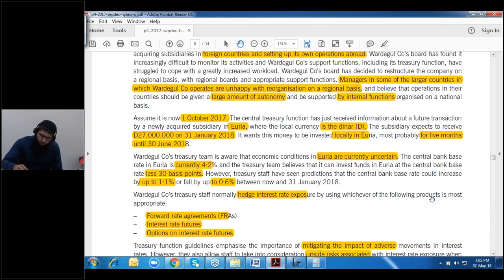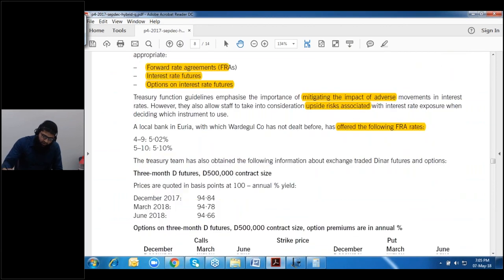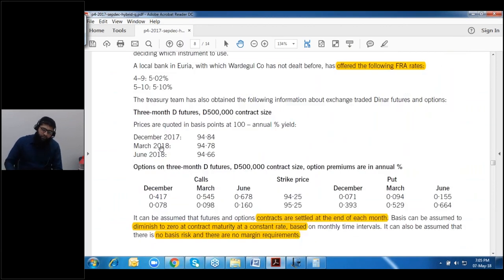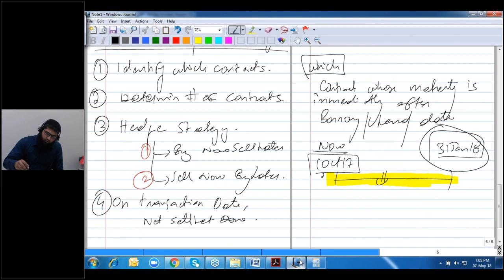So if I go through the data that is available to us, we've got a contract of December 17, we've got a contract of March 18 and June 18. The examiner says in the question that the contracts expire on the last day of the month. So that means it expires on 31st of March. So my relevant contract is going to be March 2018. So which contract am I going to choose?